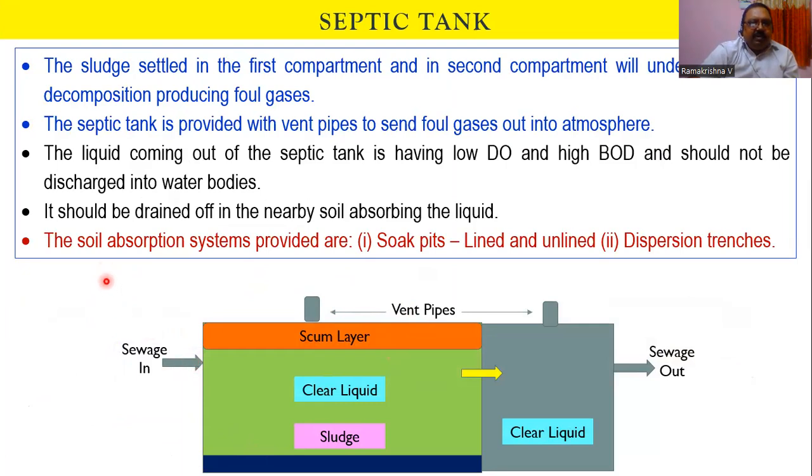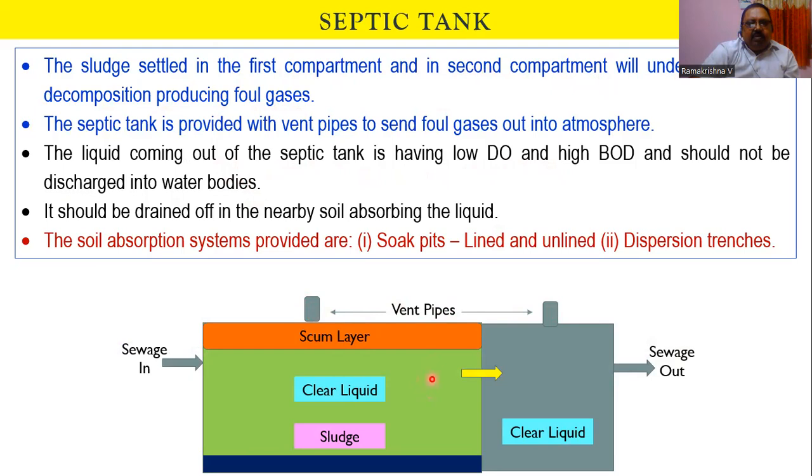We will discuss that. The sludge settled in the first compartment and second compartment will undergo anaerobic decomposition, producing foul gases. That's why we are providing two vent pipes, for the first compartment and second compartment. The liquid coming out of the septic tank has low DO because anaerobic decomposition is happening.